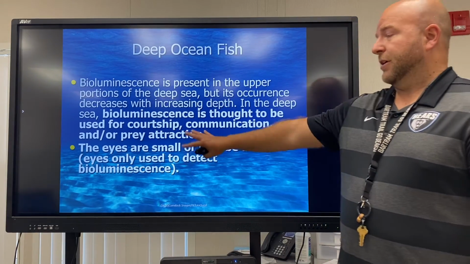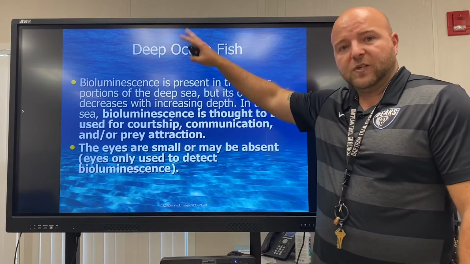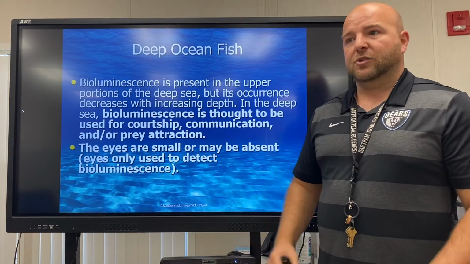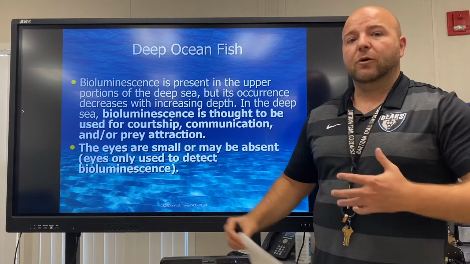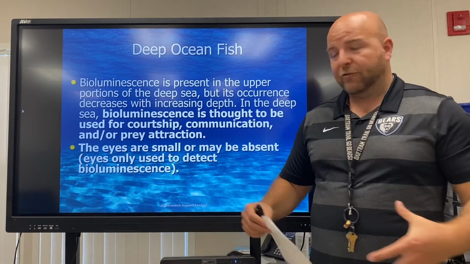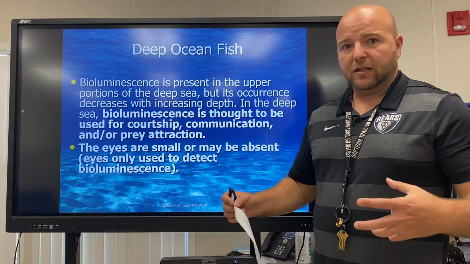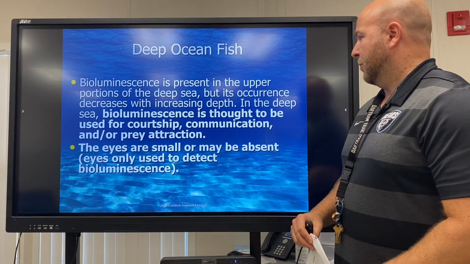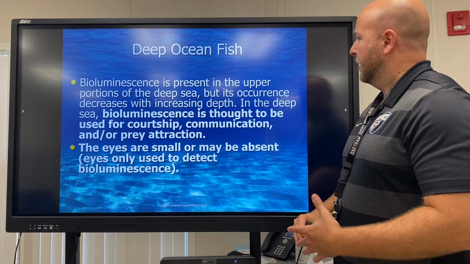We do have in this zone, even though light from the sun does not make it, a little bit of light that shows up throughout this zone in the form of bioluminescence. Bio meaning life, luminescence meaning light, so the living light, which comes through bacteria.